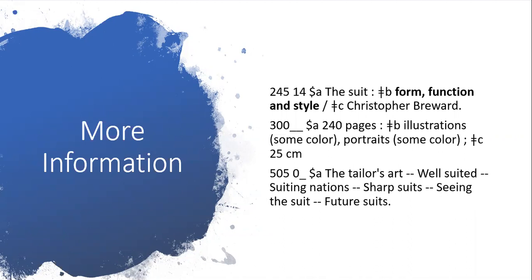From the 300 field, we can tell that there are some illustrations and portraits. And from the 505 field, we can see the chapter titles. So using all this information, we can infer that fashion, tailoring, and future styles or looks are also discussed in this book.